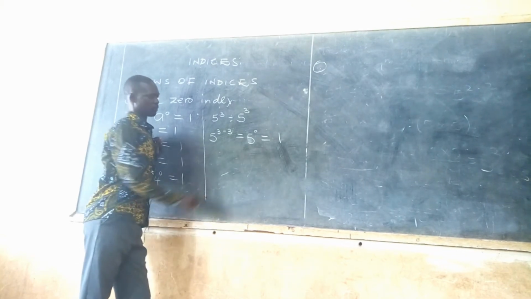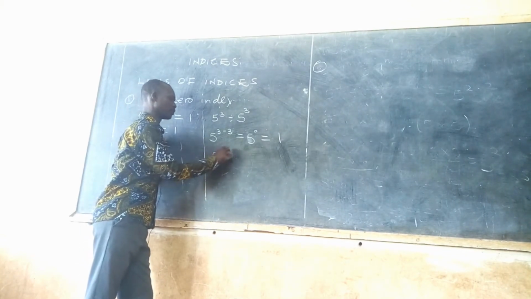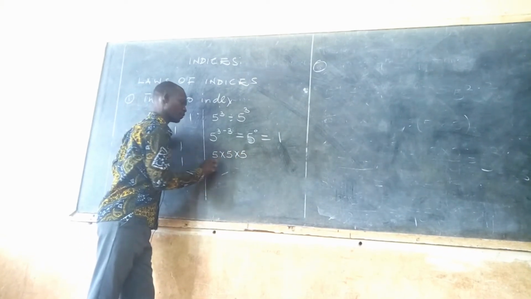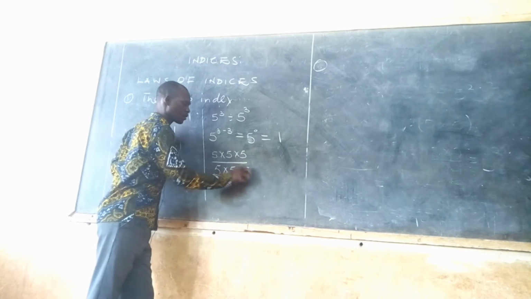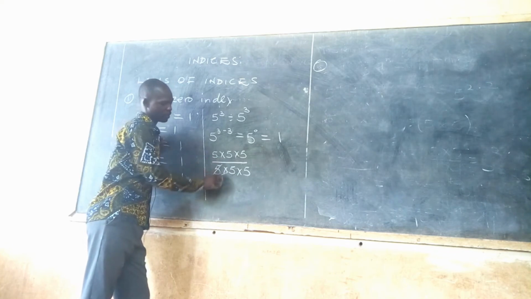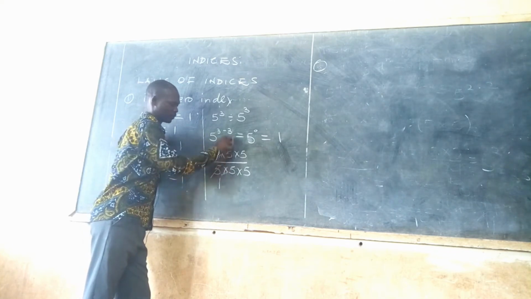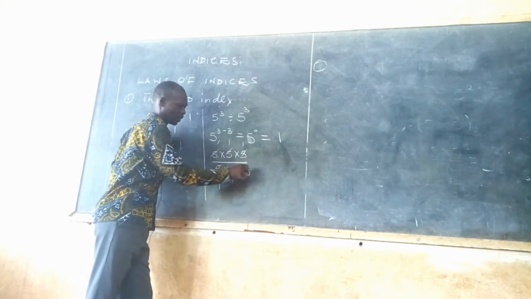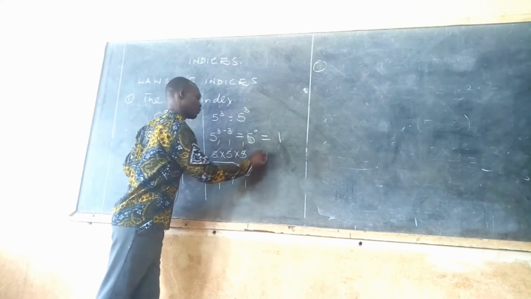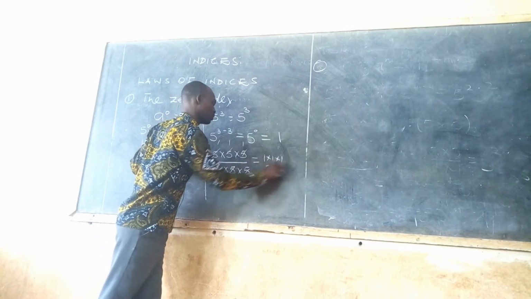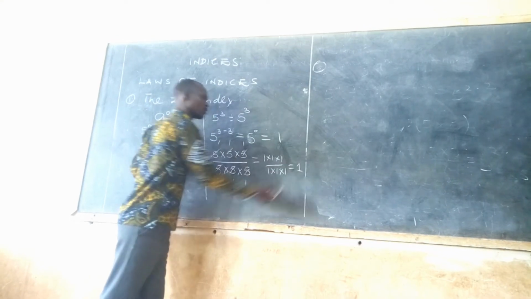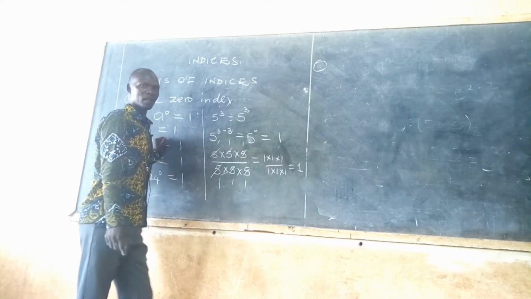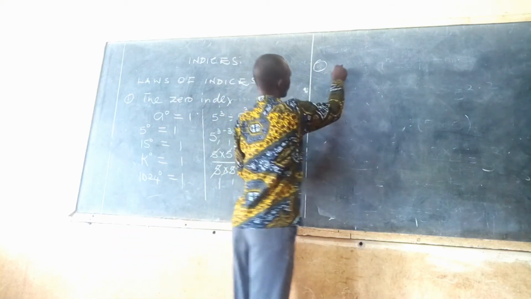Let us prove it. 5, 1, 2, 3 over 5, 1, 2, 3. So what are we doing? 1, 1, 1, 1, 1. We now have 1 times 1 times 1 over 1 times 1 times 1, which gives us what? 1.